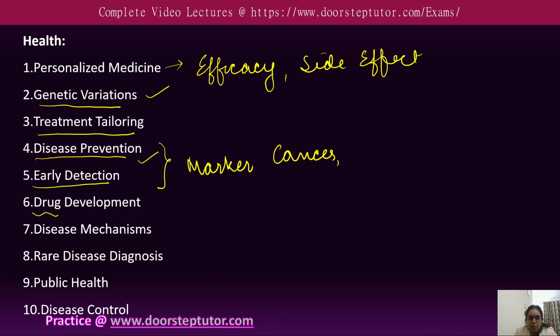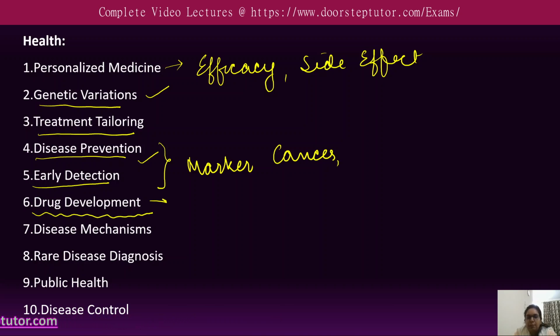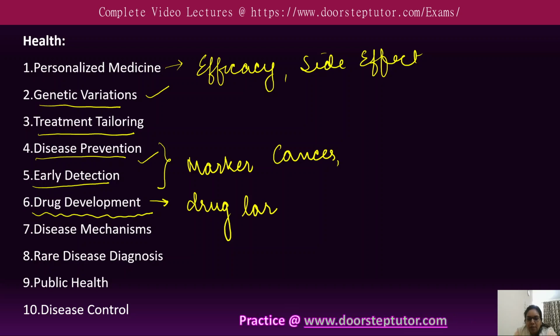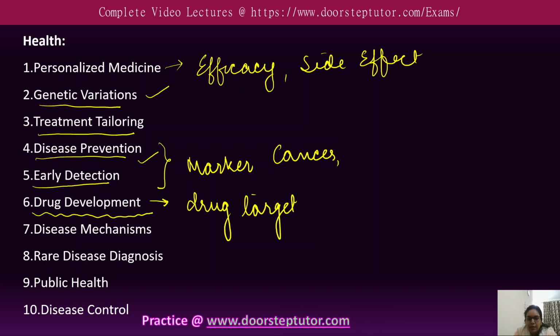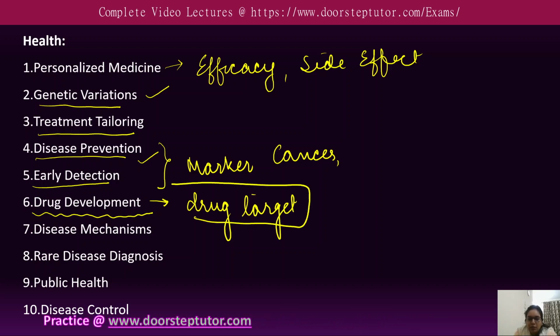They are also useful for the development of drugs, because genomics plays a very crucial role in drug discovery and development by identifying the drug target. Drug target means that particular tissues can be targeted by a particular drug.